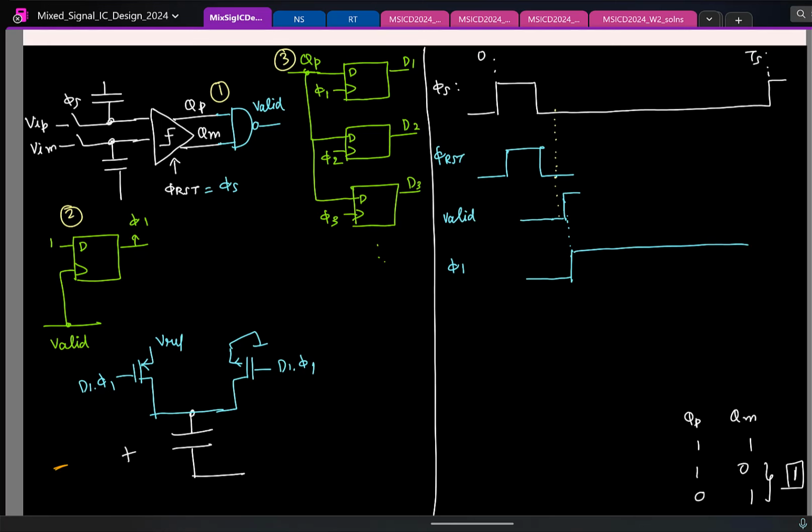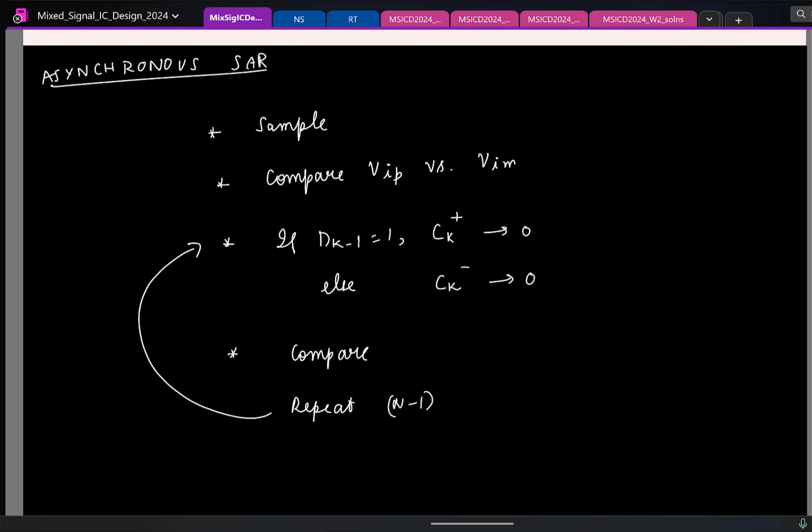Now similarly in the negative side, you have the same set of capacitors. In the negative side, you switch this capacitor to ground when D1 is 0. So what will be the control I'll feed in the negative side? The logic says when the previous bit is 0, you connect the capacitor in the negative side to ground.